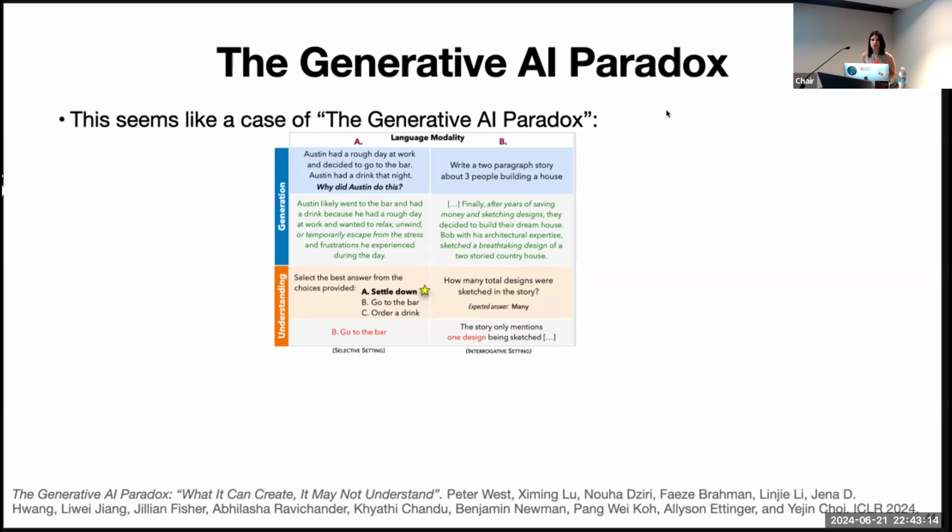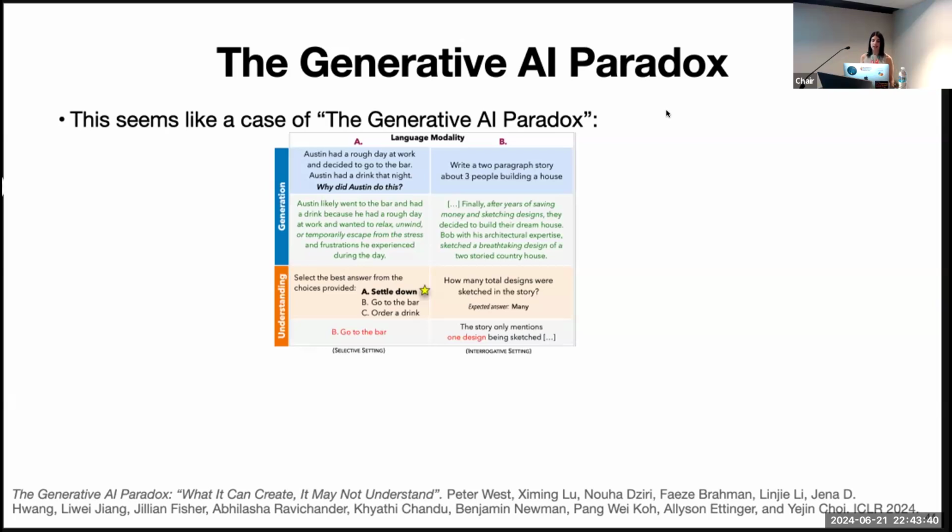So what they showed was that LLMs excel at generating answers, and humans often judge these answers as better than the answers written by other people. But they're often wrong when they're tested in multiple choice settings, and even when they're tested on their own generation. They generated a story and then you ask them questions about the story and they provide wrong answers.